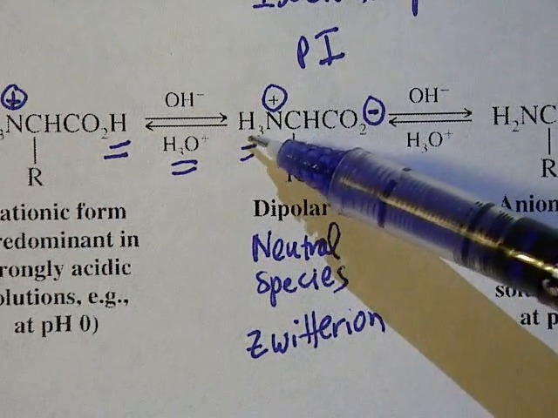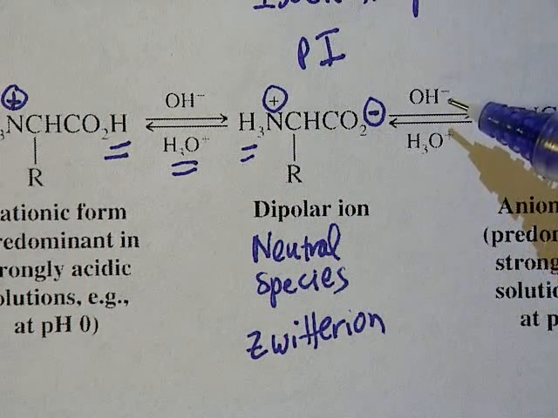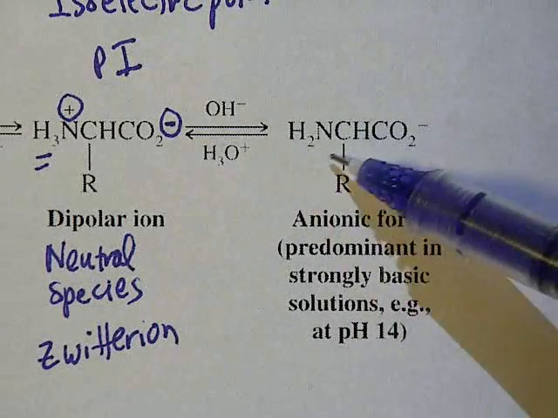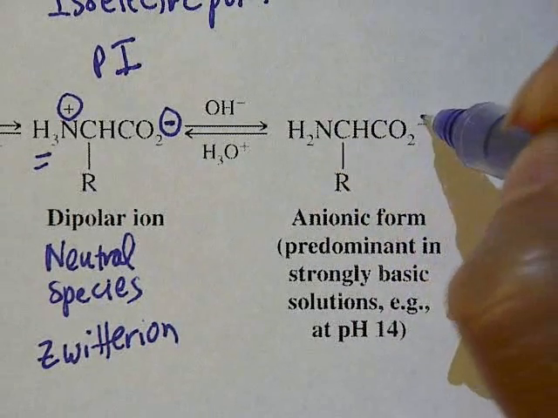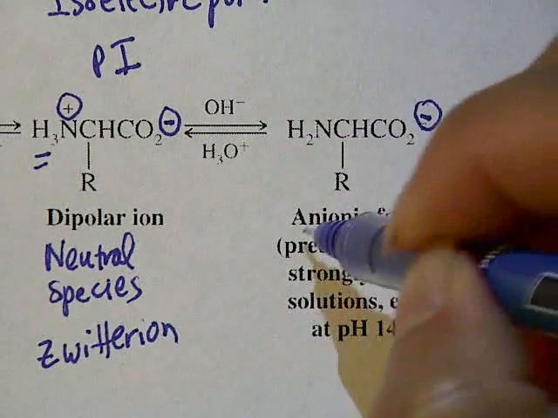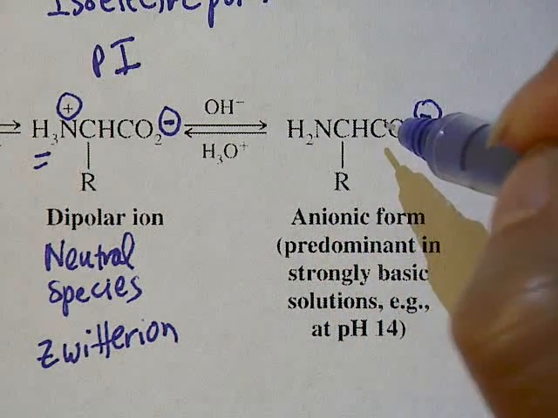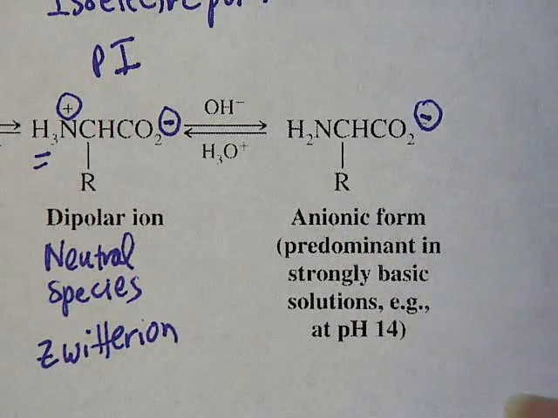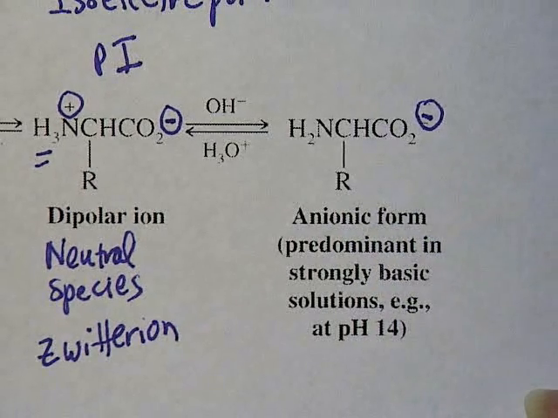So that's going to get deprotonated by this base because it's sitting in the basic media, and the ammonium ion is going to become amine. So then that means overall this is going to be a negatively charged species, anionic form, and that's what's going to be dominating in a strongly basic solution.